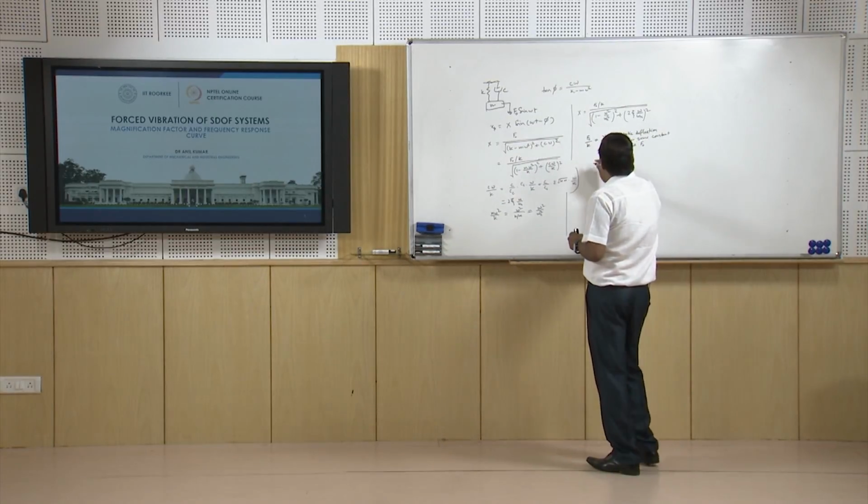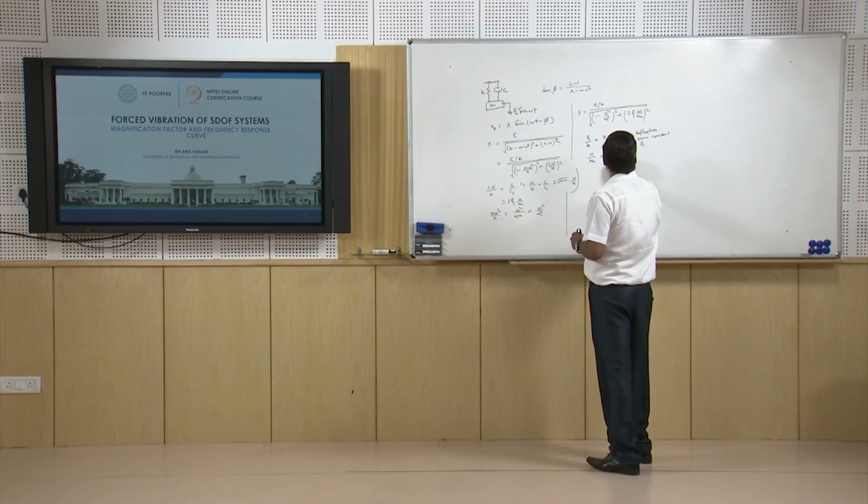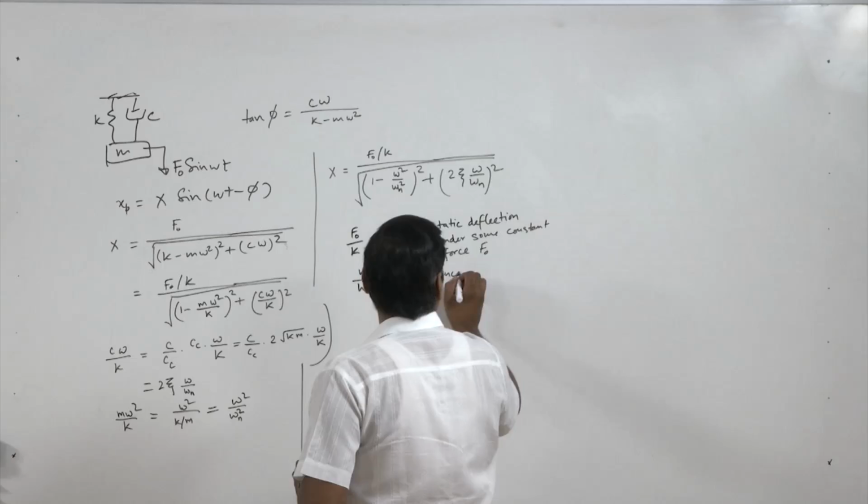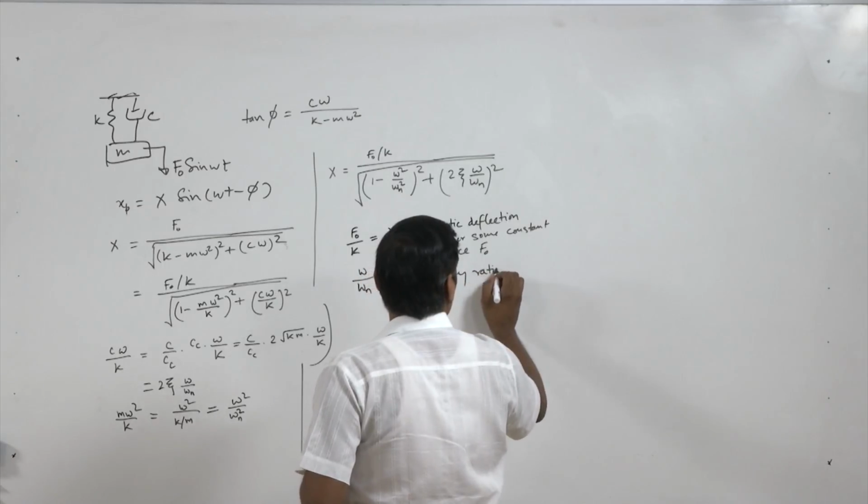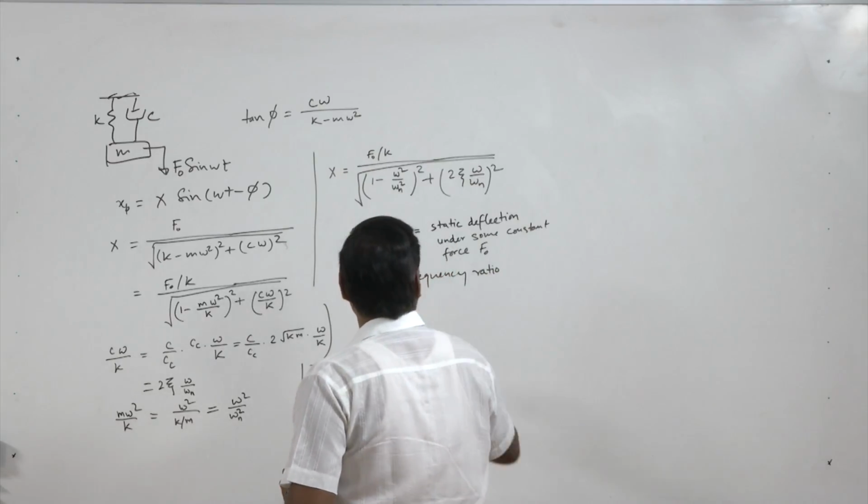So omega by omega n, let's define as the frequency ratio r.